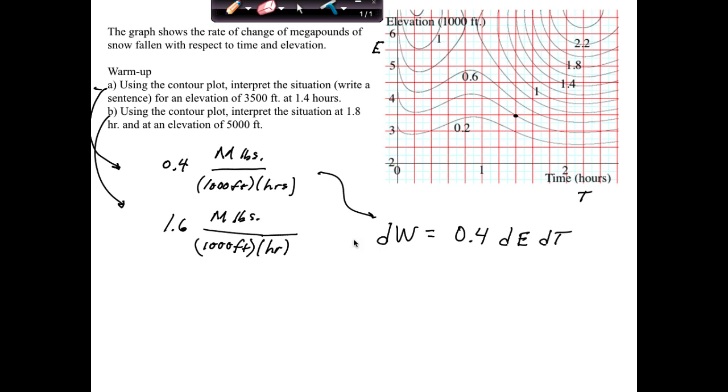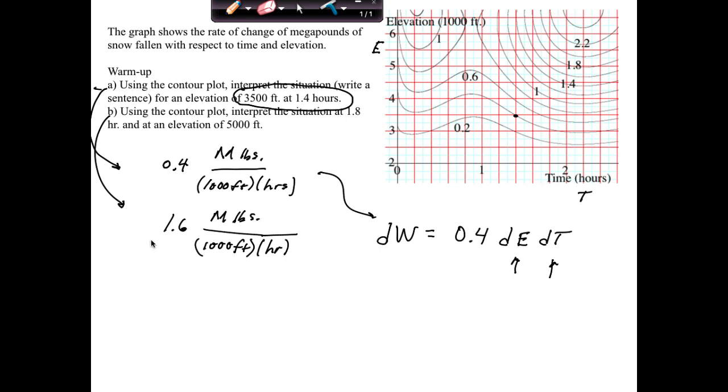Because the units on this 0.4 is per 1,000 feet per hour. So given any change in elevation and any change in time close to these, the resulting change in weight of snow would be 0.4 times both those changes.